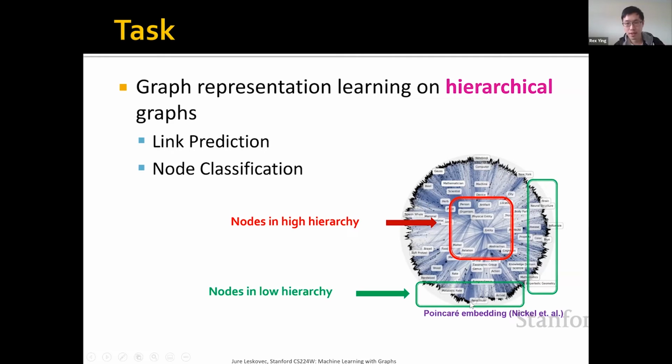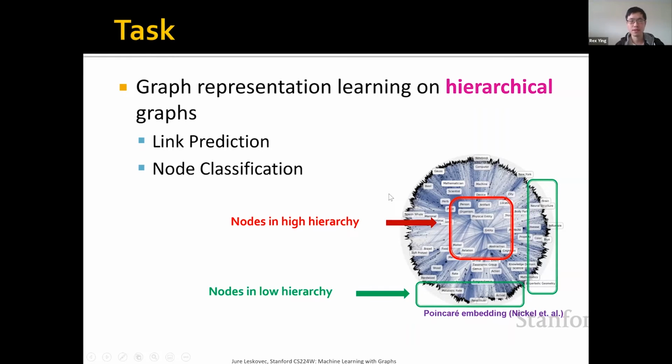For example, things like arrival, metabolic rates. These are very concrete and very detailed descriptions of certain entities. And there are exponentially many of them, which can be embedded towards the edge of the Poincare ball.